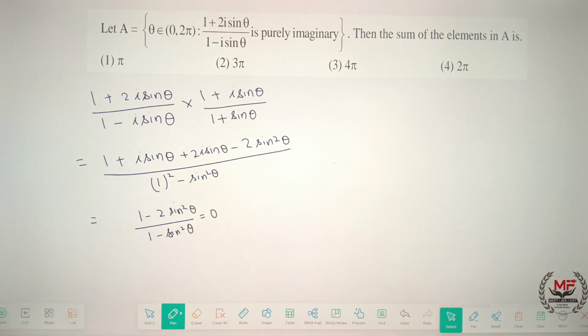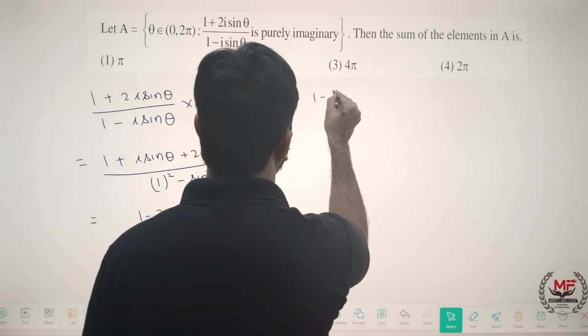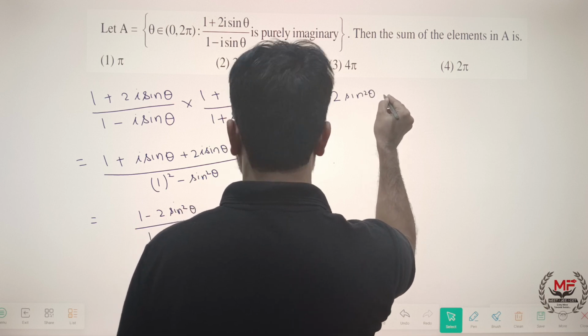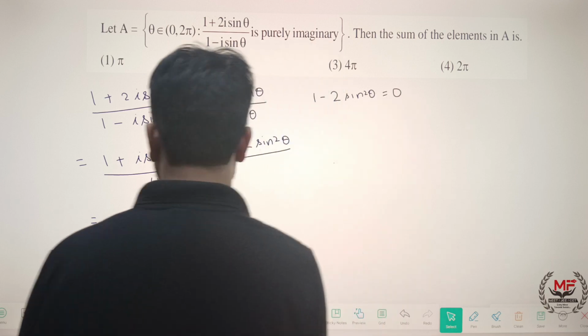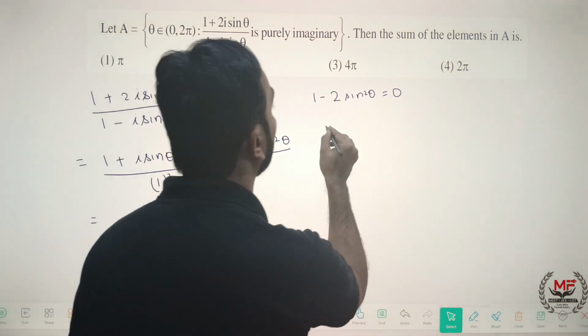Also we can write 1 minus 2 sin square theta is equal to 0, because when we multiply the denominator with the 0, we get this.